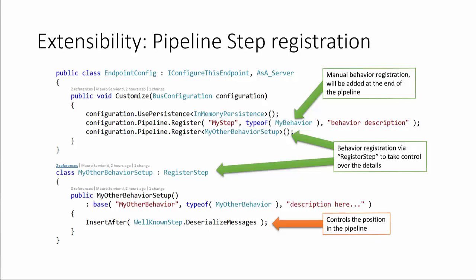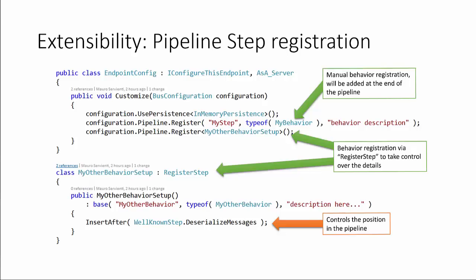We can replace a behavior, or we can try to insert a behavior after or before another one, only if that one exists. If you think about it, it's really interesting to be able to ask the pipeline engine, has this behavior been registered?